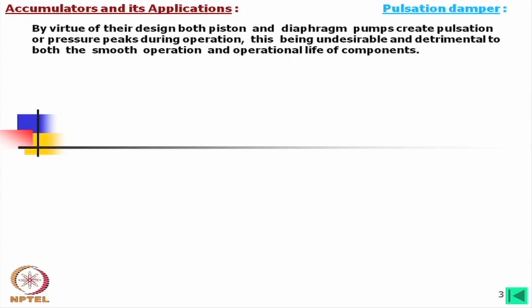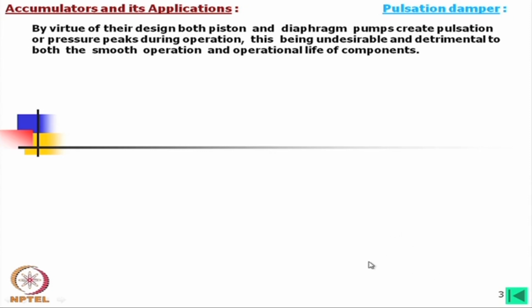By virtue of their design, both piston and diaphragm pumps create pulsation or pressure peaks during operation. This is undesirable and detrimental to both the smooth operation and operational life of the components.